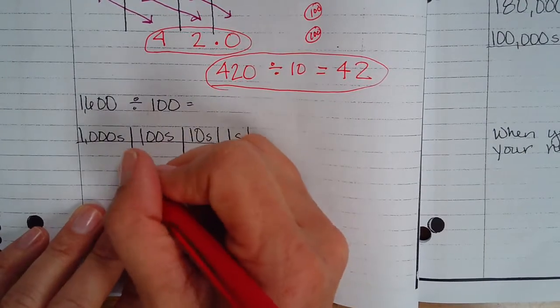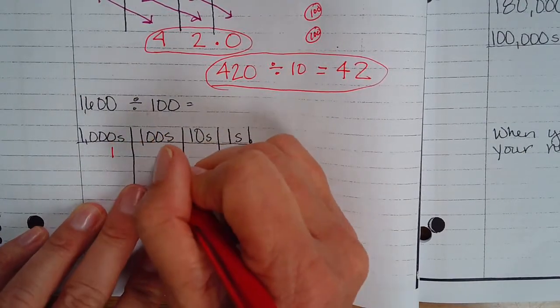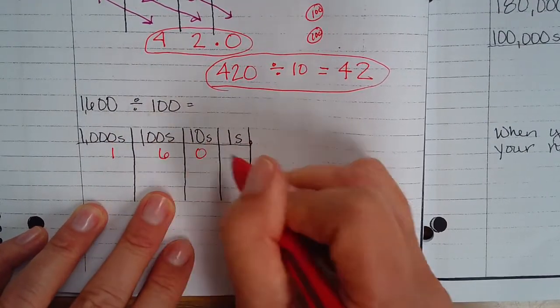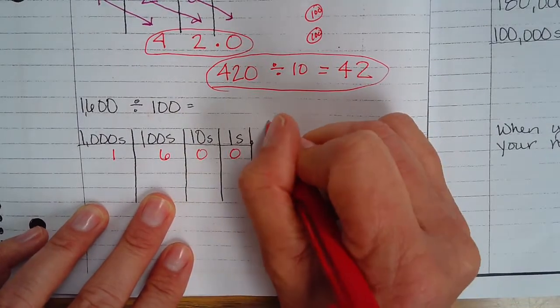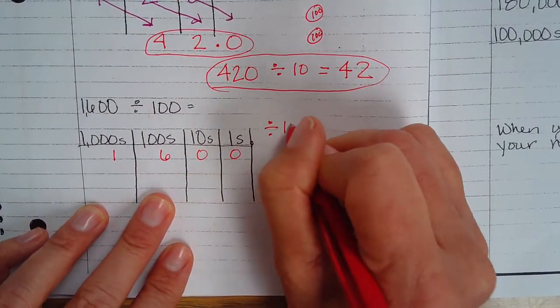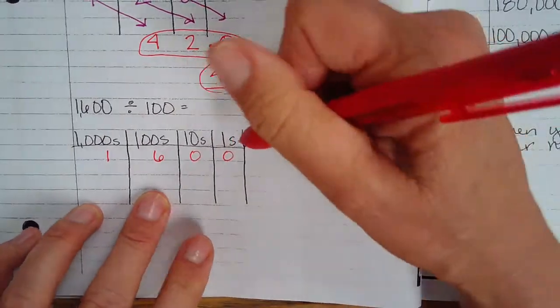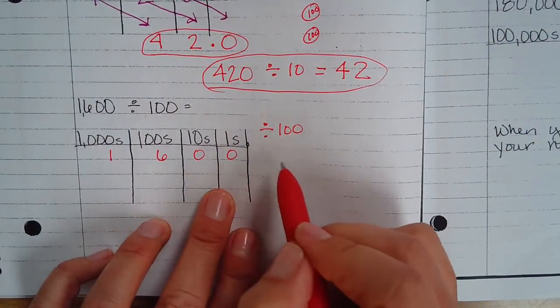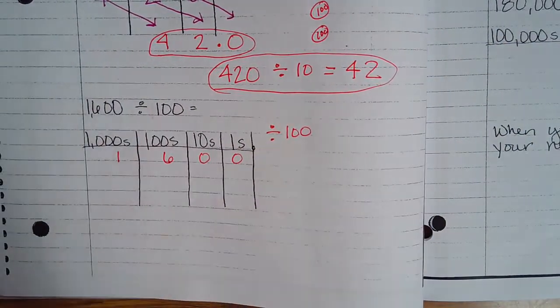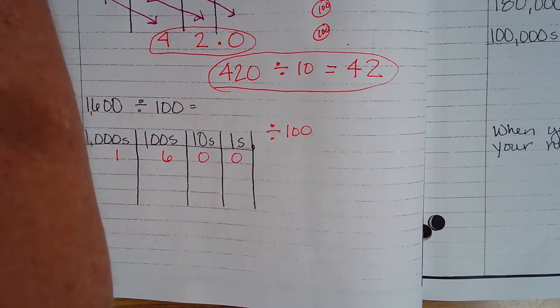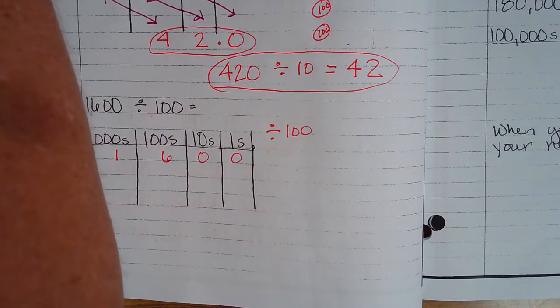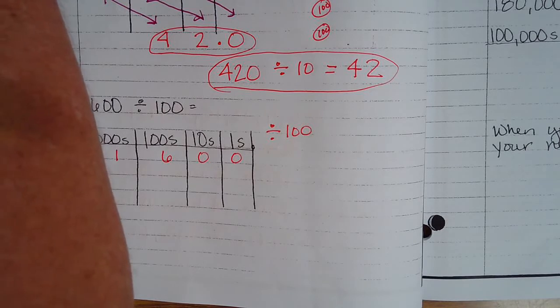So if we have 1, 6, 0, 0, and now we're going to divide by 100. We're going to move our numbers how many times? Show me with your fingers. How many times are you going to move your numbers?